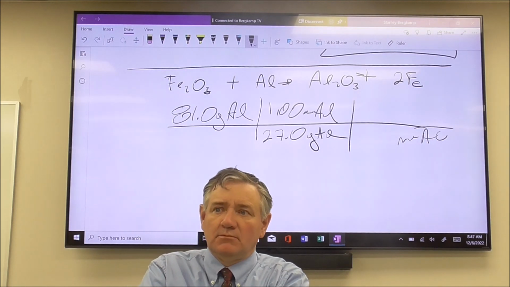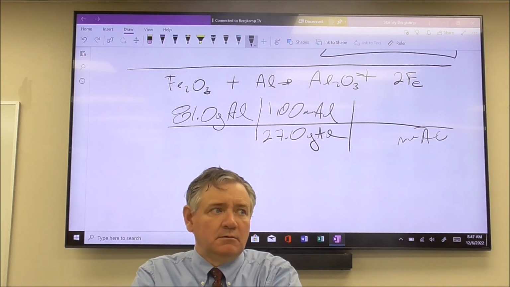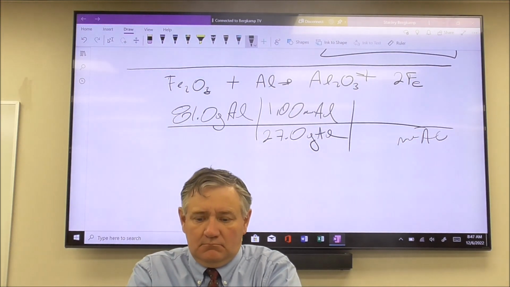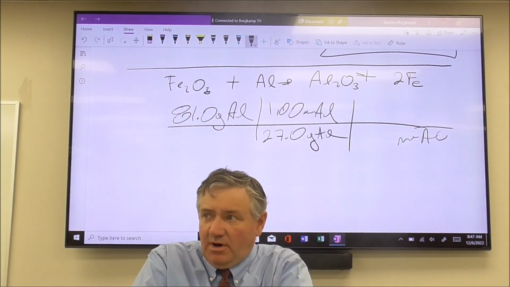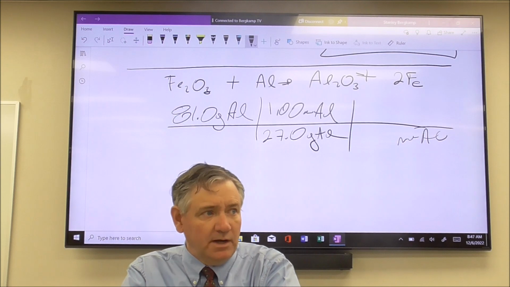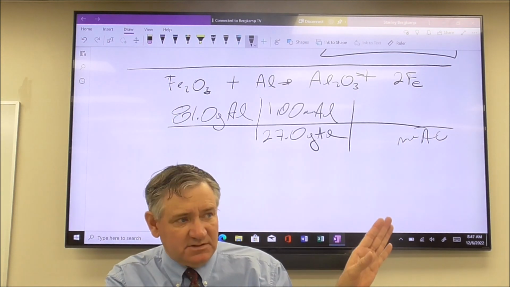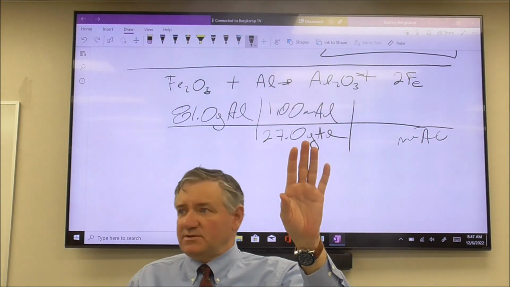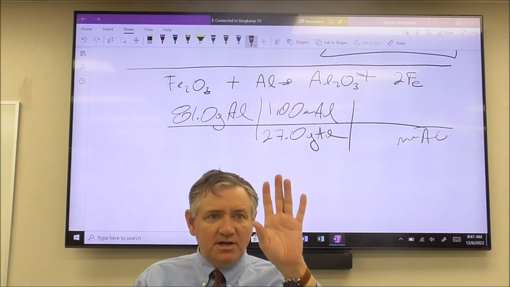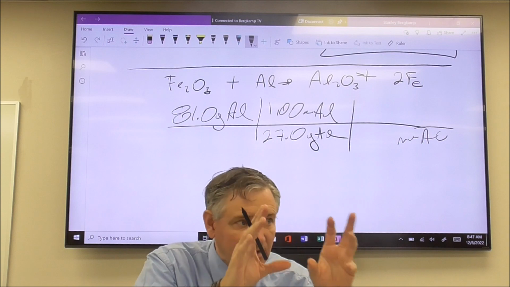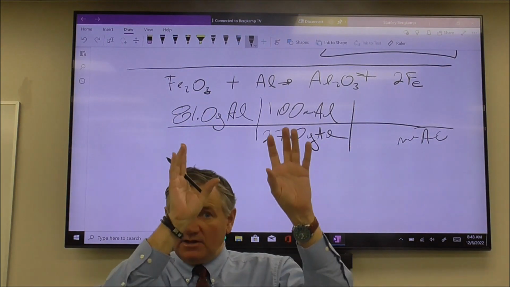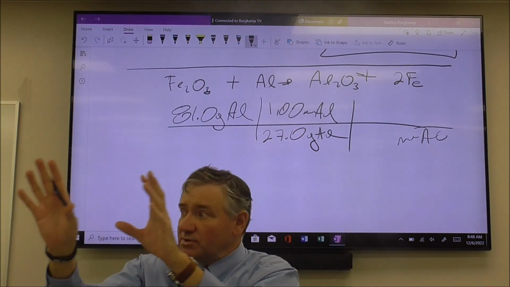Why? Because 81 is bigger than 27. So I know I'm going to have more than 1 mole of aluminum. If I stop right now, I have moles of aluminum. What that tells me is that I've gotten into one side of the mole. Now I need to go from one type of mole to another type of mole.